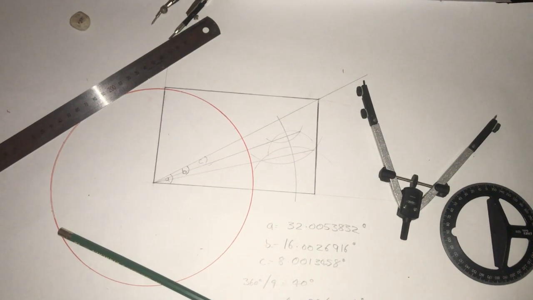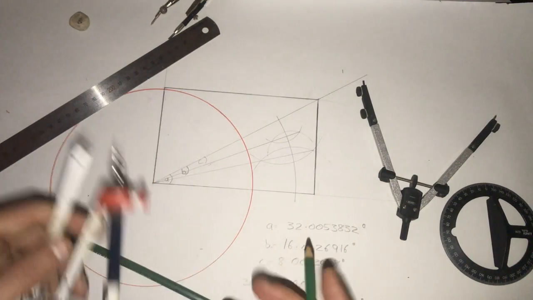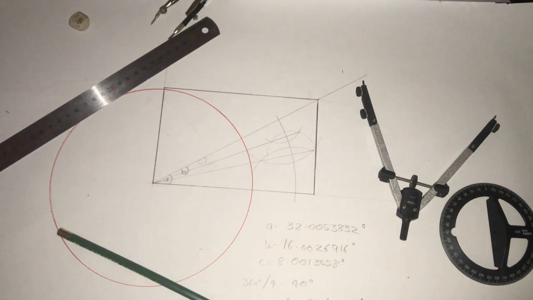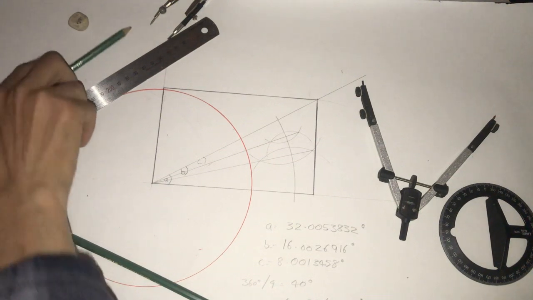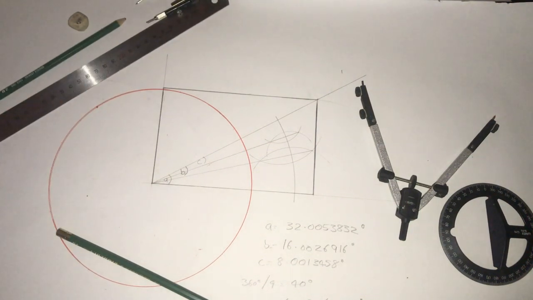And that is with compass and straight edge, with the steadiest hand, the finest point. 7/1000ths of a degree is way beyond what a non-superhuman could achieve at this level.